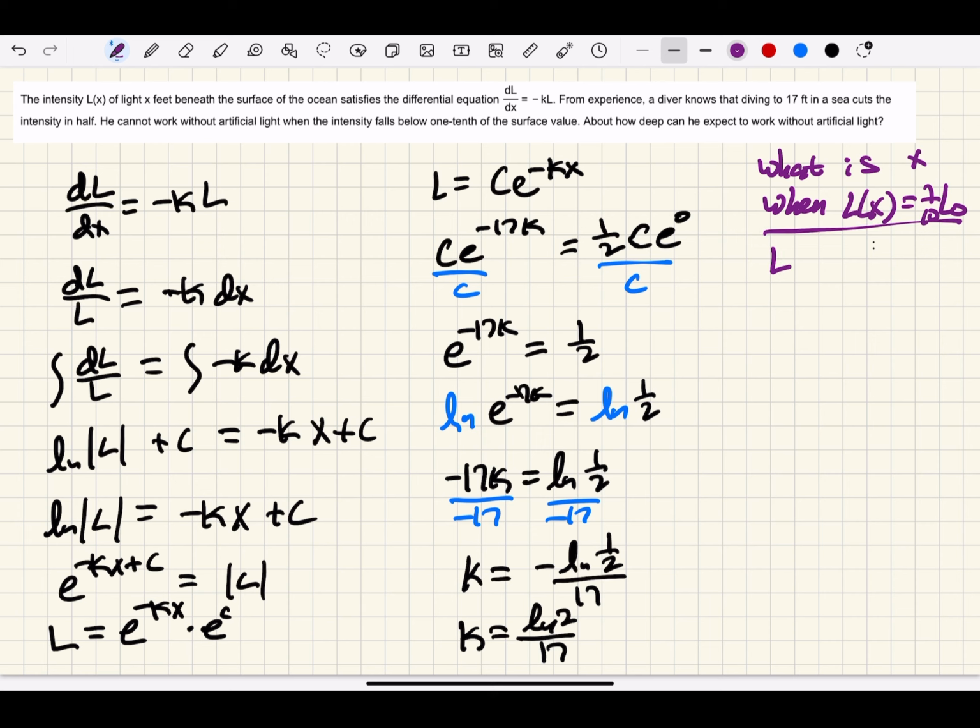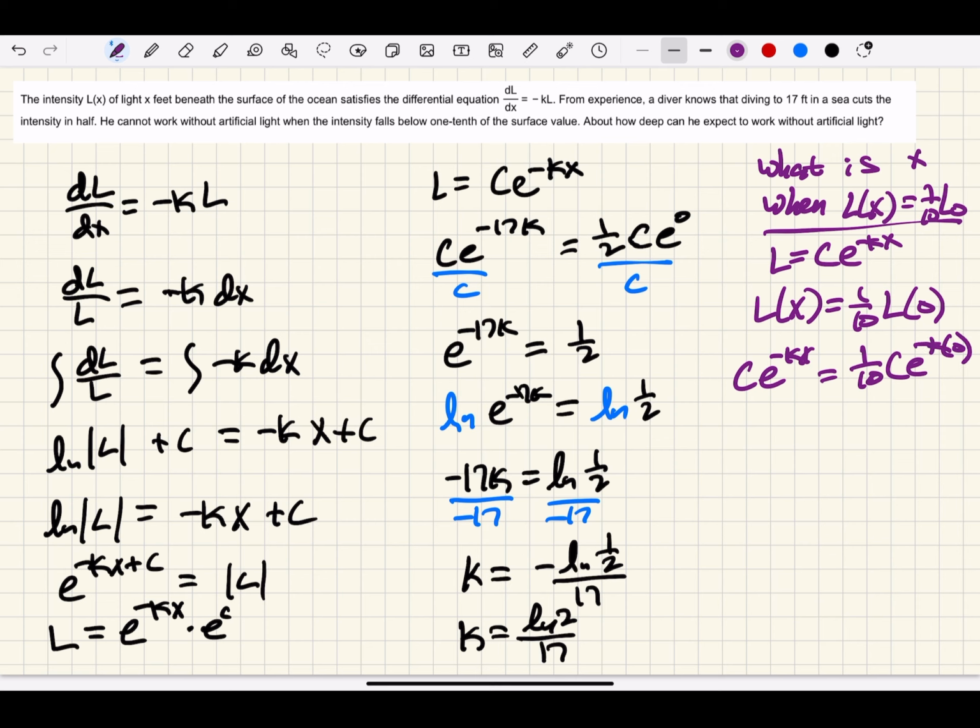Recall that L is equal to c times e raised to the minus kx. So in this case, L of x would be equal to 1/10 of L of 0. Now, substituting, we have c times e raised to the minus kx equal to 1/10 c times e raised to the minus k times 0.